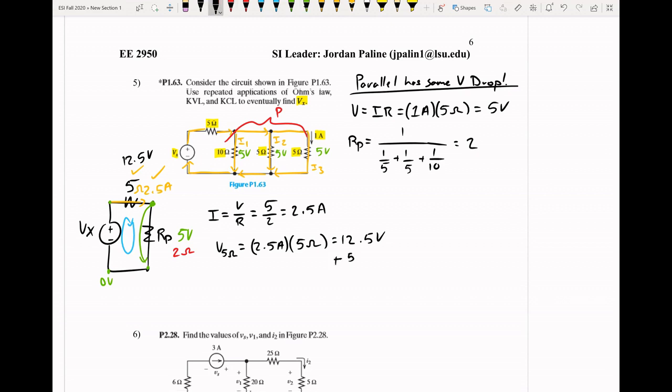So plus 5 volts, and we'll get 17.5 volts is equal to V of X. I'll write it out here as well in the KVL format. So if we did negative V of X plus 12.5 volts plus 5 volts is equal to 0, V of X is equal to 17.5 volts.